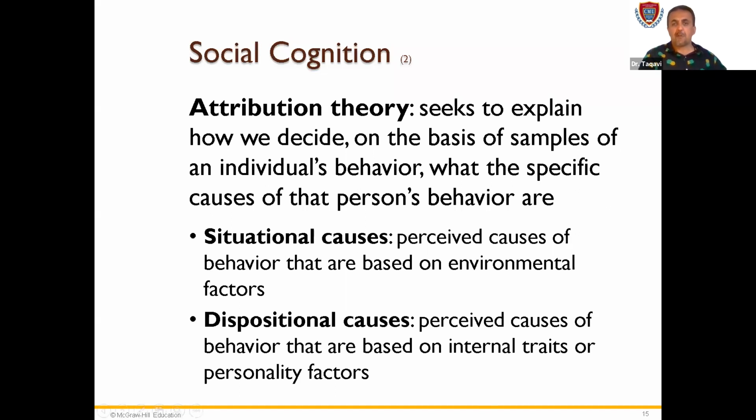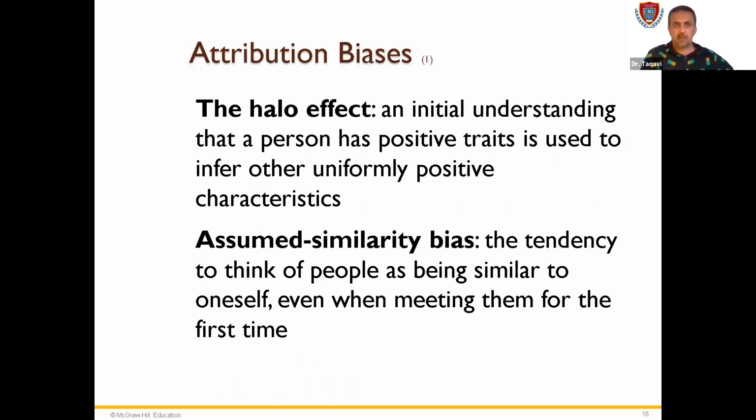Situational causes are perceived causes of behavior that are based on environmental factors. We are talking about the situation. And dispositional causes are perceived causes of behavior that are based on internal traits or personality factors. It is about the basic parts of your character. Dispositional, not situational.